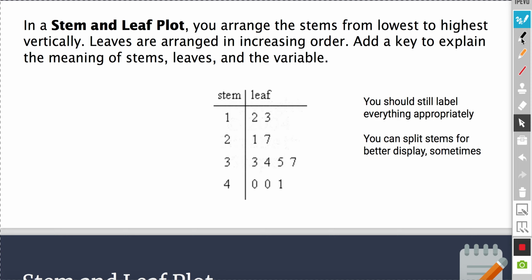You can also split stems up for a better display if you find out that some stem is really long. Let's say maybe you took a survey and it turns out that half of the people are in their 30s. Well, it may actually make sense to chop the stems up and say, hey, our first stem is going to be from 10 years old to 14 years old, and then another stem that is from 15 to 19, and chop things up a little bit. Sometimes that can be useful.